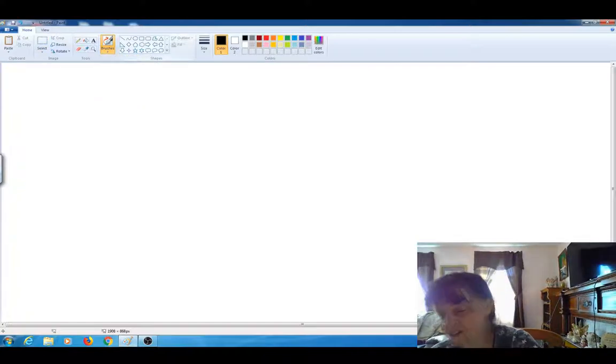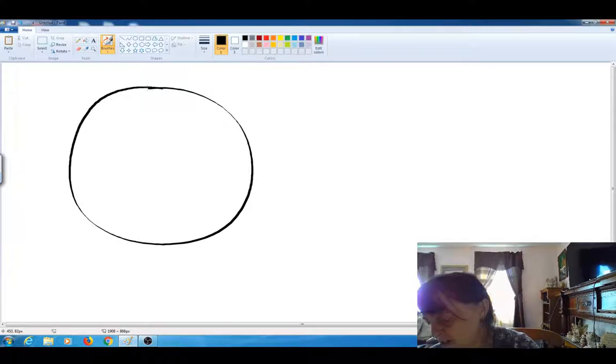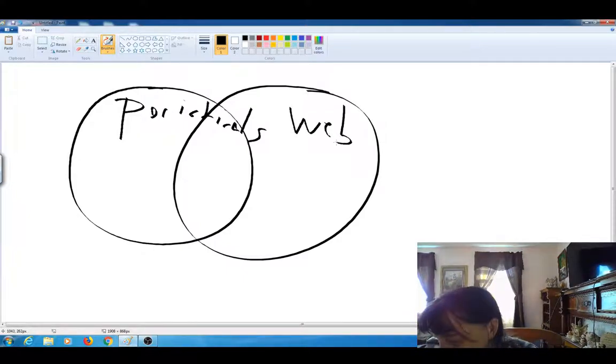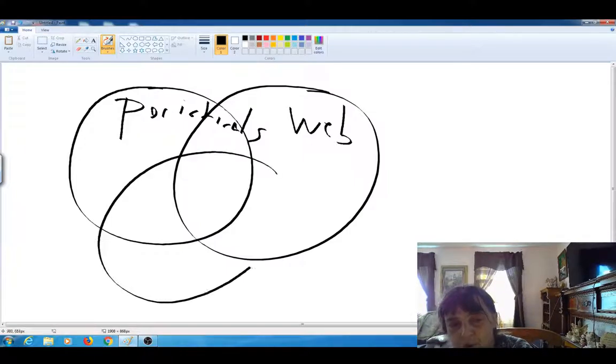Now it says represent this in the Venn diagram. So you have a circle A, which is periodicals. The next one is web. And then books.